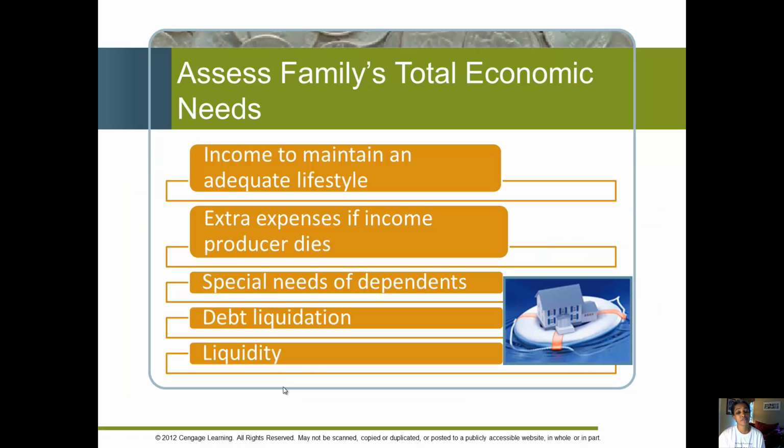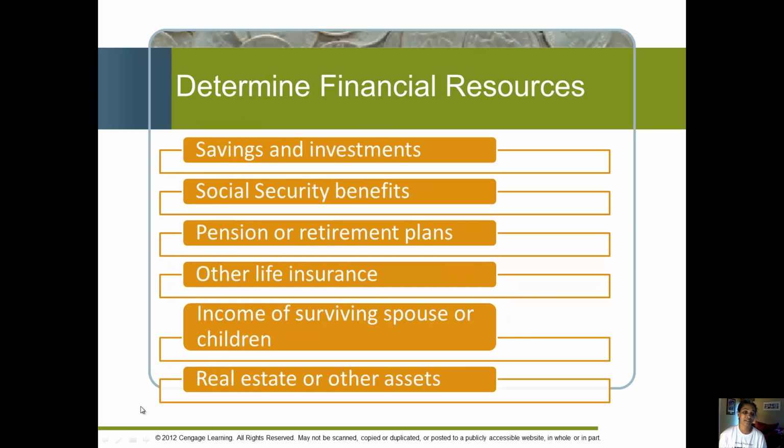So when you're assessing your family's total economic needs, remember we mentioned how much income would they need to maintain a particular lifestyle? What extra expenses would they have? Are there some special needs? And what about debt?